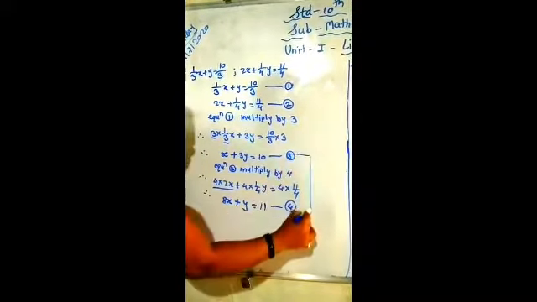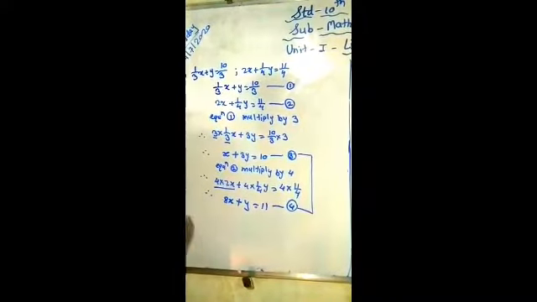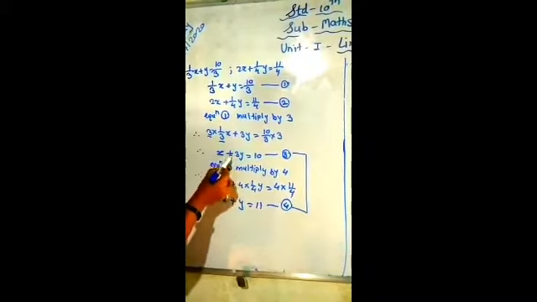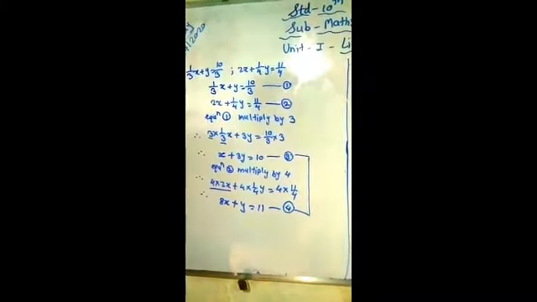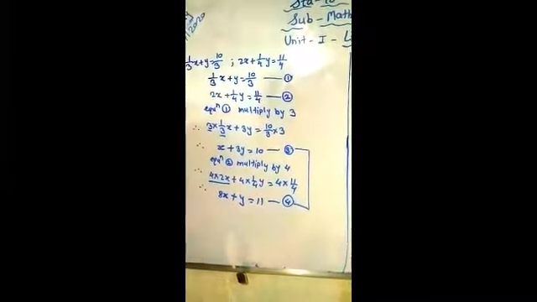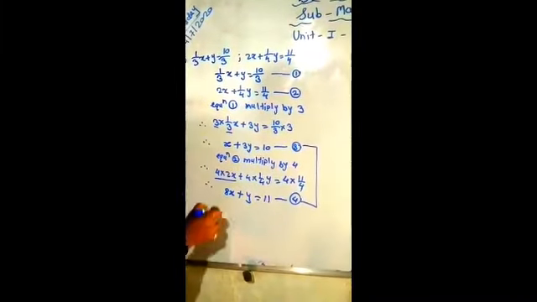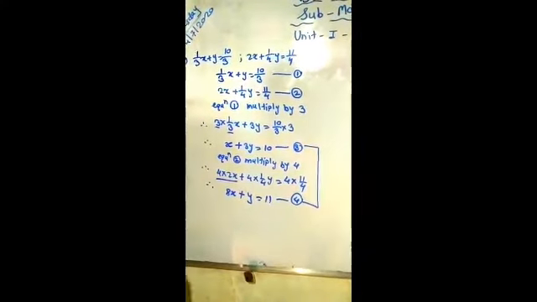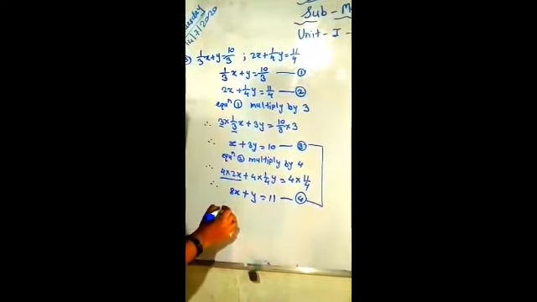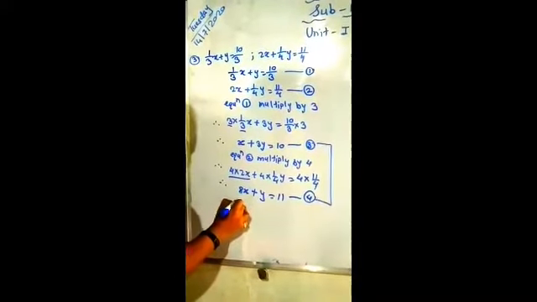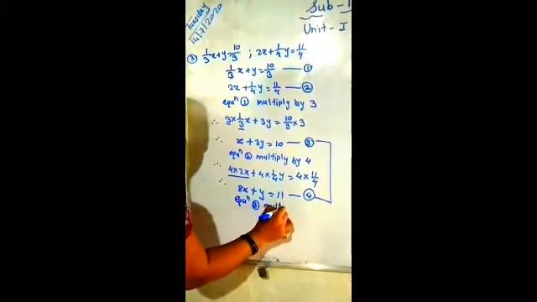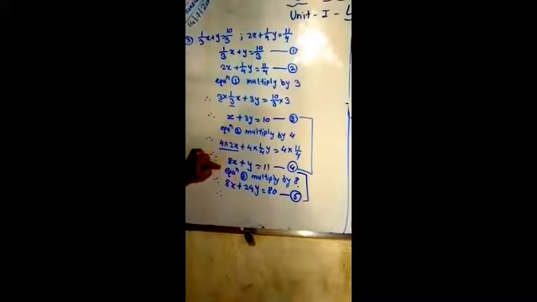Then see equation number 3 and 4. In that, the coefficients of x and y are not the same. So first make them the same and then add or subtract. Here, for making the coefficient equal, we multiply equation number 3 by 8.